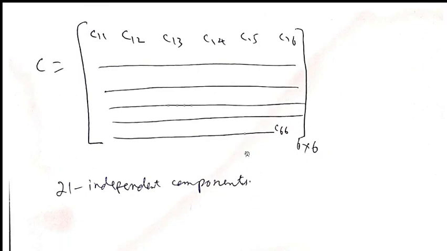So this would have 21 independent components. So for the triclinic continuum, the elasticity matrix would have 21 independent components, because the triclinic continuum has only one symmetry, and that symmetry will not reduce the components of the elasticity matrix. This was today's lecture. Thank you so much.